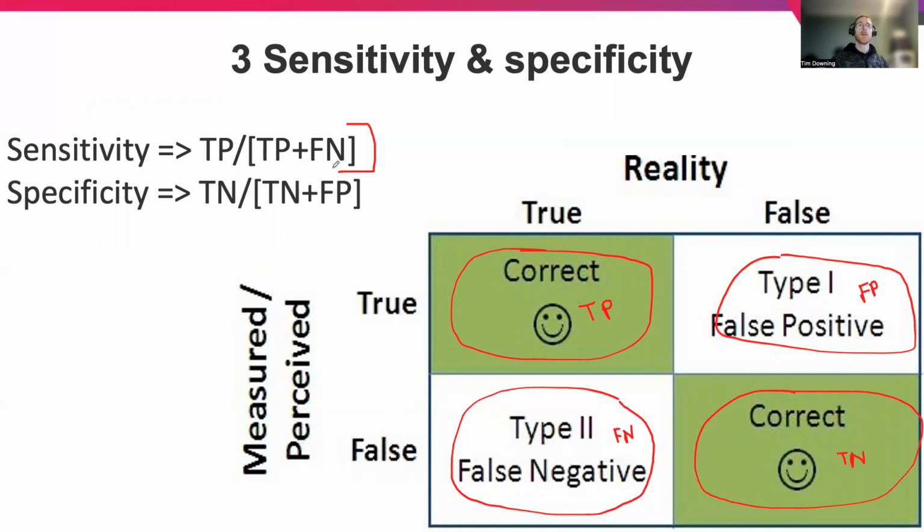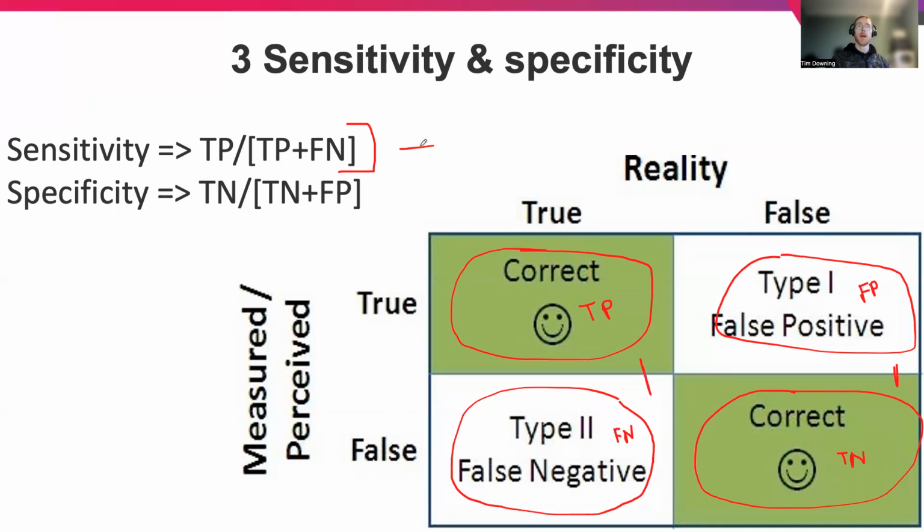Therefore, we can consider how our sensitivity is related to the true positives and false negatives. So that's these two ones. And our specificity refers to the true negatives and how that relates to the false positives. The sensitivity refers to our capacity to detect effects that are present. Our specificity is to discriminate from ones that are not present.